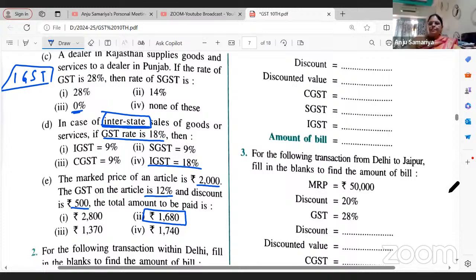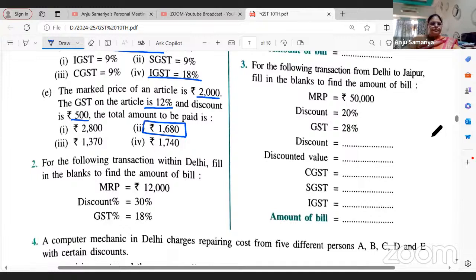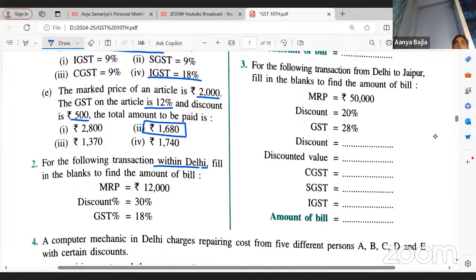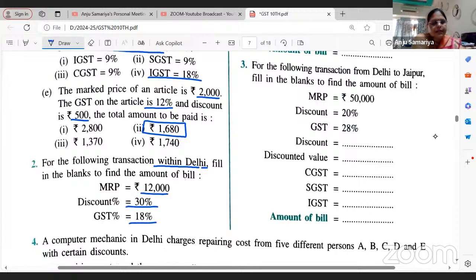Next one. Within Delhi, so is it interstate or intrastate? It is intrastate. MRP 12,000, discount 30%, GST 18%. Fill in the blanks.